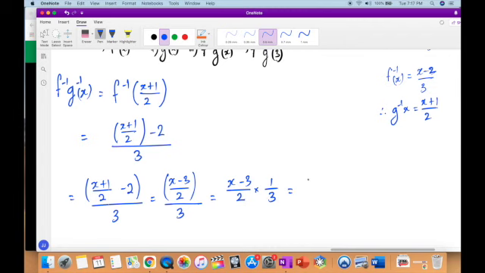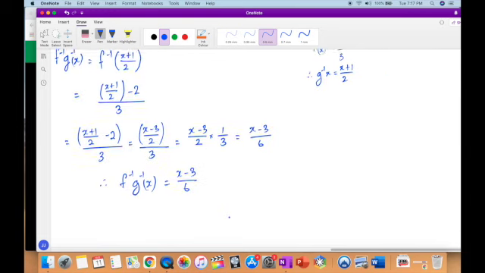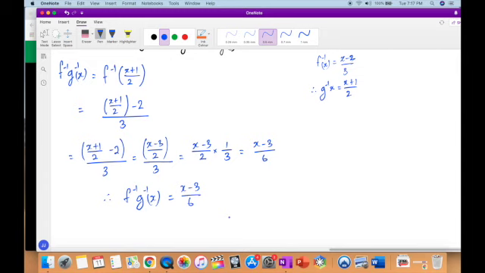So the answer is x minus 3 all over 2 3s is 6. Therefore f inverse g inverse of x is equal to x minus 3 over 6. Scotia, you get this one? Yes, sir. Alright, very good. Lovely.